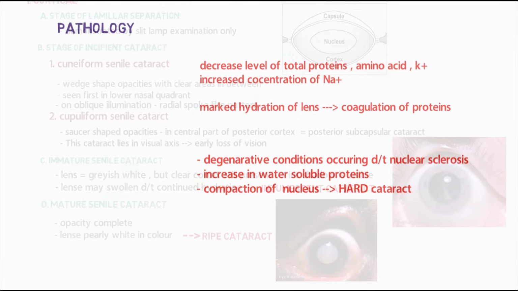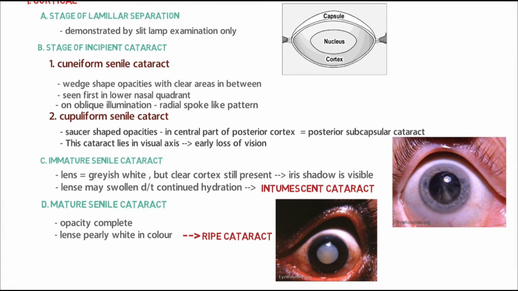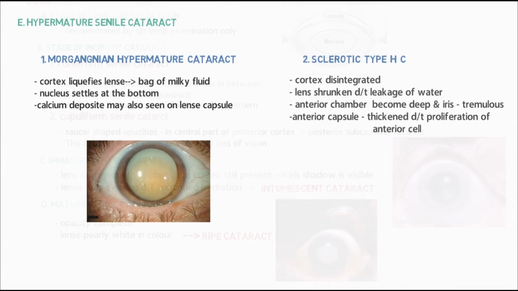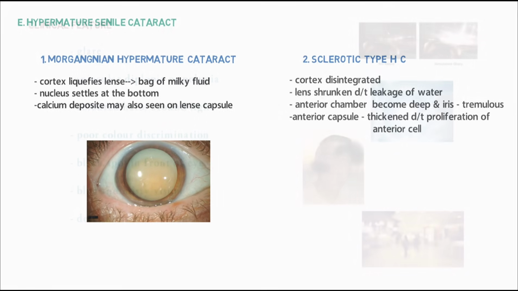After that we discuss the stages of maturation of cortical cataract, in which we discuss the stage of lamellar separation, stage of incipient cataract, stage of immature senile cataract and stage of mature senile cataract, and after that the stage of hypermature senile cataract, in which there are two types, Morgagnian hypermature cataract and sclerotic type of hypermature cataract.